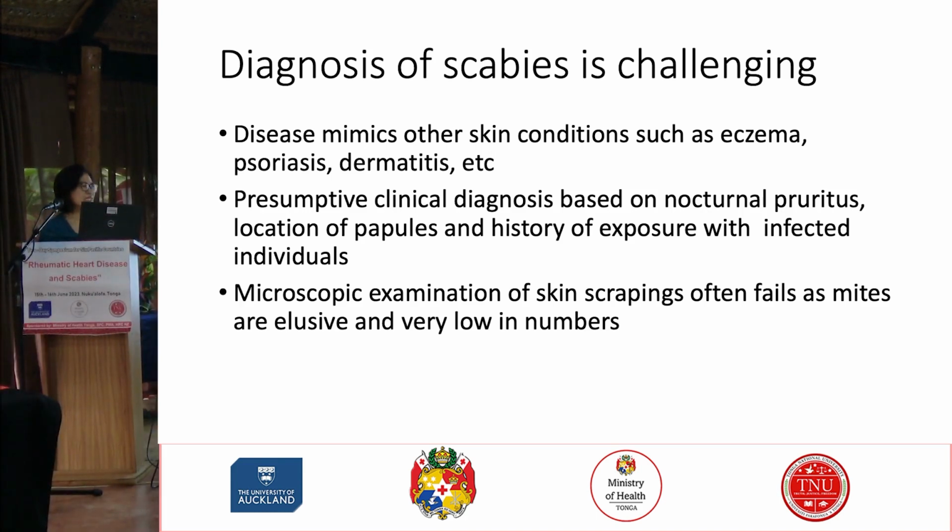A presumptive clinical diagnosis is based, of course, as you have heard earlier, on nocturnal pruritus and location of the papules, and of course your history of exposure with infected individuals.